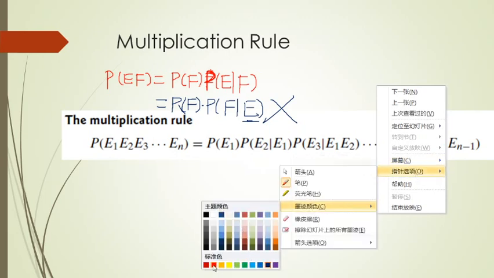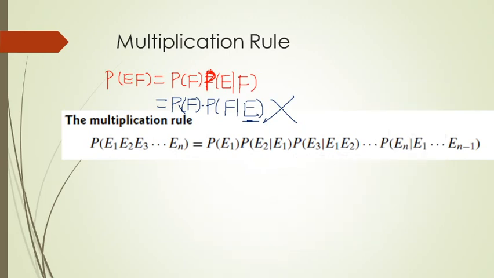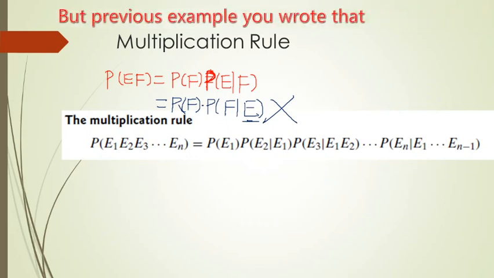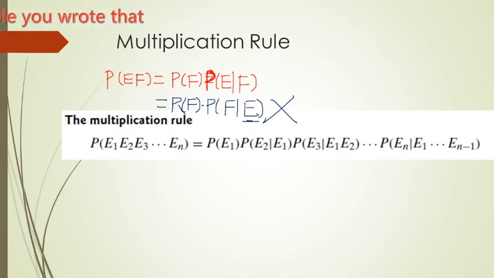Later we will talk about more complicated formulas. Section 3 is Bayes' theorem, okay? The multiplication rule: if we have the intersection of n events, we can write it this way.